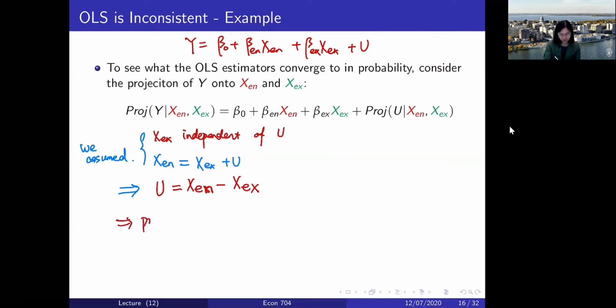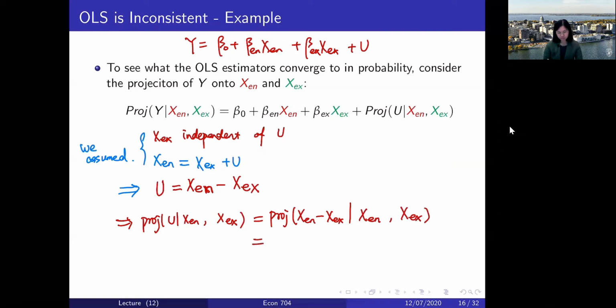So the projection of U on the space of XEN, XEX, is the projection of XEN minus XEX on XEN and XEX. Well, since this is a deterministic linear function of the variables we're projecting on, this projection equals this non-random linear function of those variables.